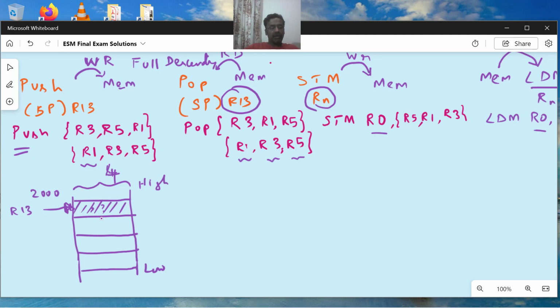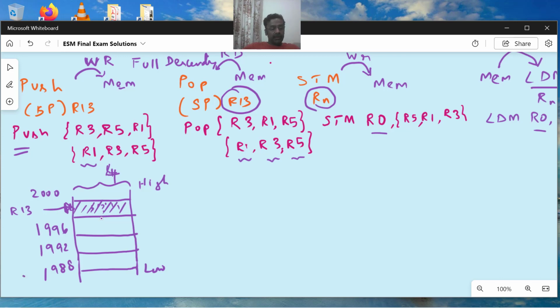That means the addresses will always be incrementing in terms of 4. So when it is decrementing, it starts with 2000, which is a 4-byte aligned address, then 1996, then 1992, and then 1988. These are the 4 addresses which are there.